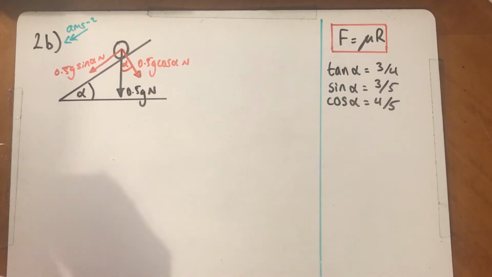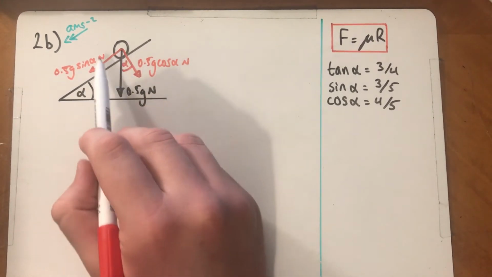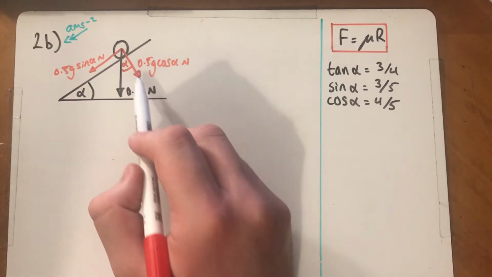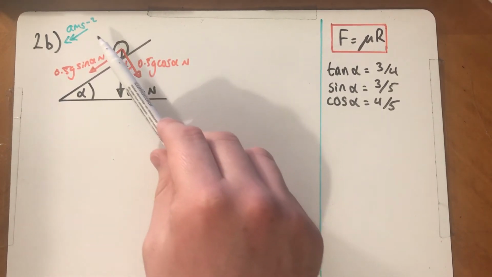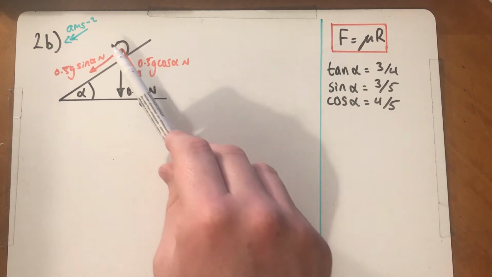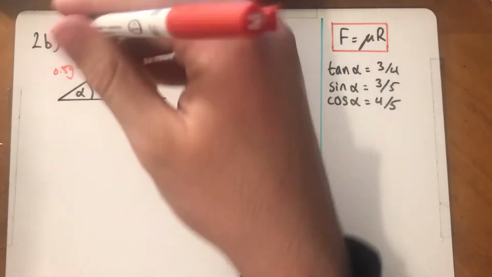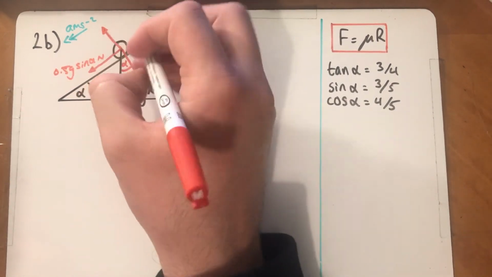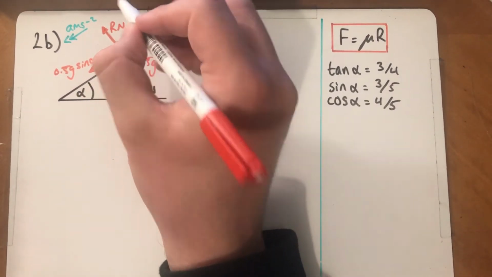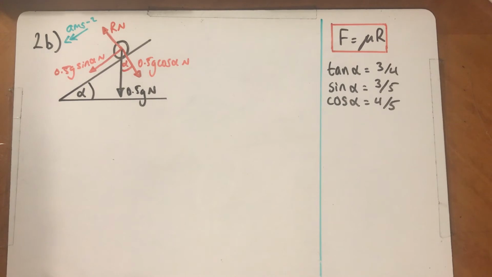And again, the particle is not falling into the slope, so there must be a force keeping it on the slope, and that's the normal reaction, of magnitude R newtons acting perpendicular to the slope.